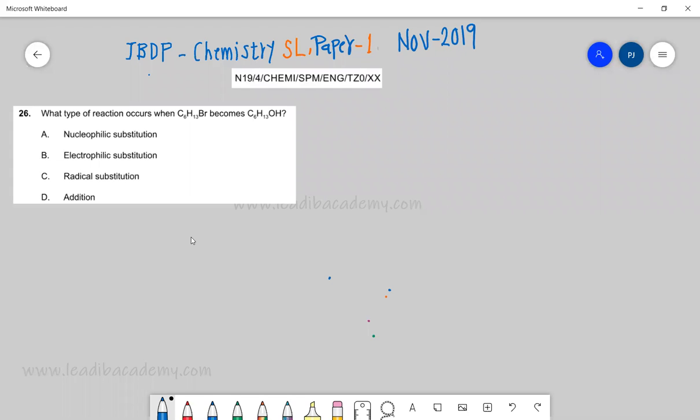Question number 26. What type of reaction occurs when C6H13Br becomes C6H13OH? So let's look into it. C6H13Br becoming C6H13OH.